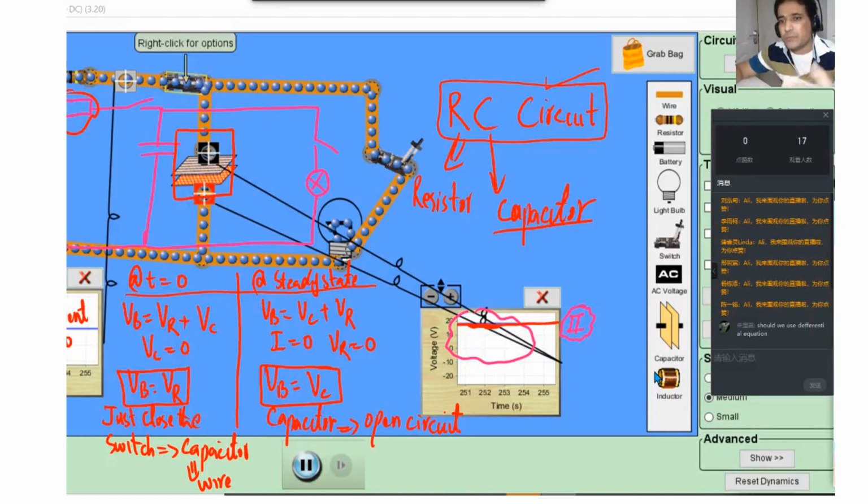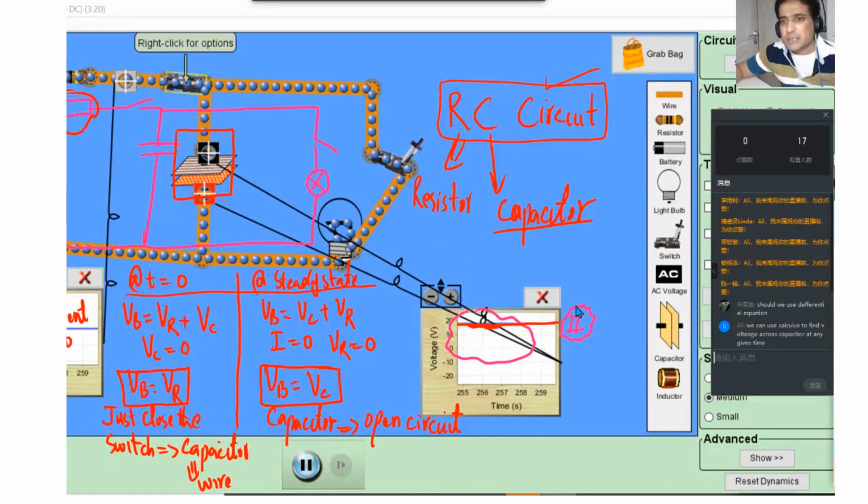We will go to that after just a few minutes. So this is about charging.